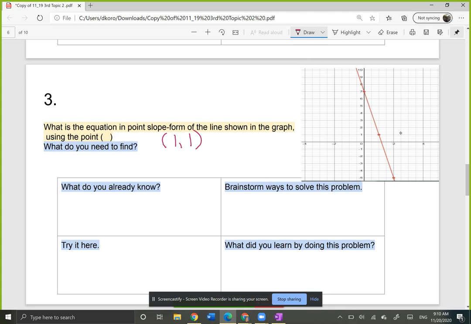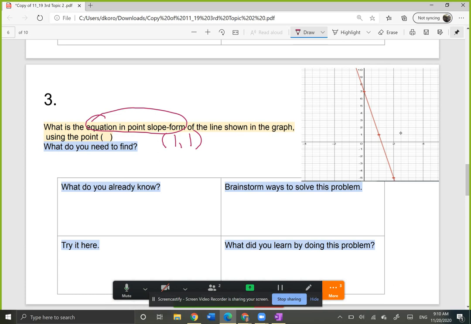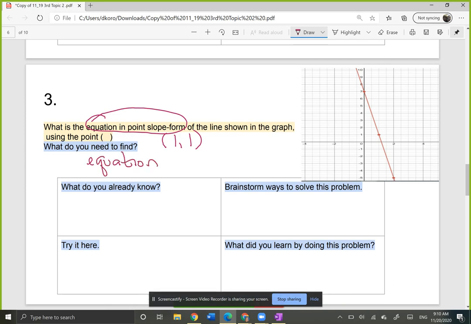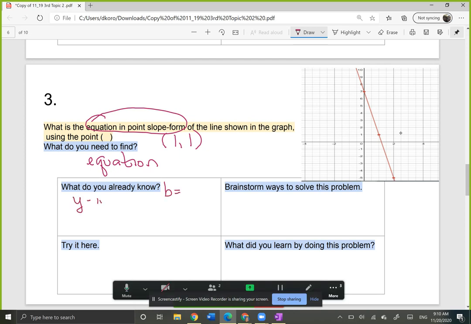We need to find the equation in point slope form. What do you already know? Well, I know the y-intercept. If I look at the graph, I know that this is the y-intercept right there.